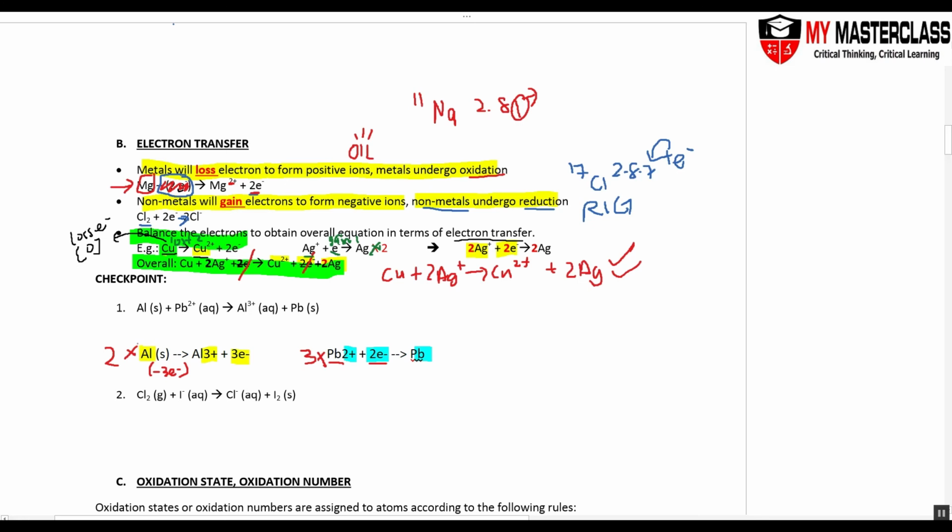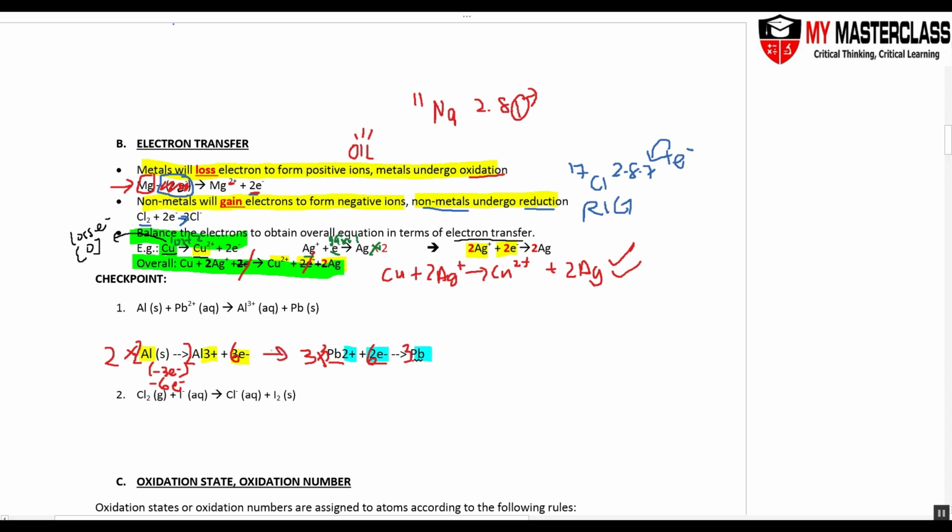Your half equations will be 2 aluminium give you 2Al3+ plus 6 electrons, and 3Pb2+ plus 6 electrons give you 3 Pb. So when you times 2 to everybody, the aluminium is losing 6 electrons, and these 6 electrons are gained by the 3 times Pb2+.